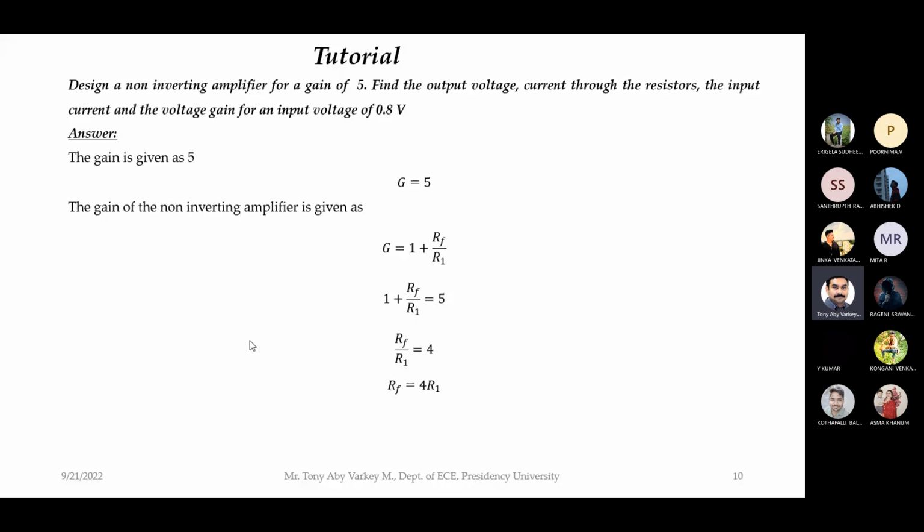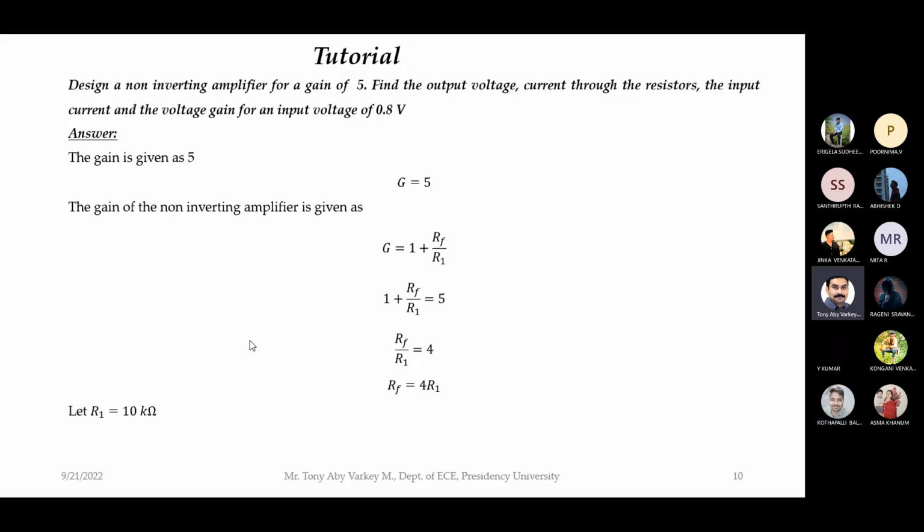4 times R1. Now what will I do? I will assume a value of R1. I'm going to take R1 as 10 kilo ohm. Then what should be the value of RF? 40 kilo ohms.